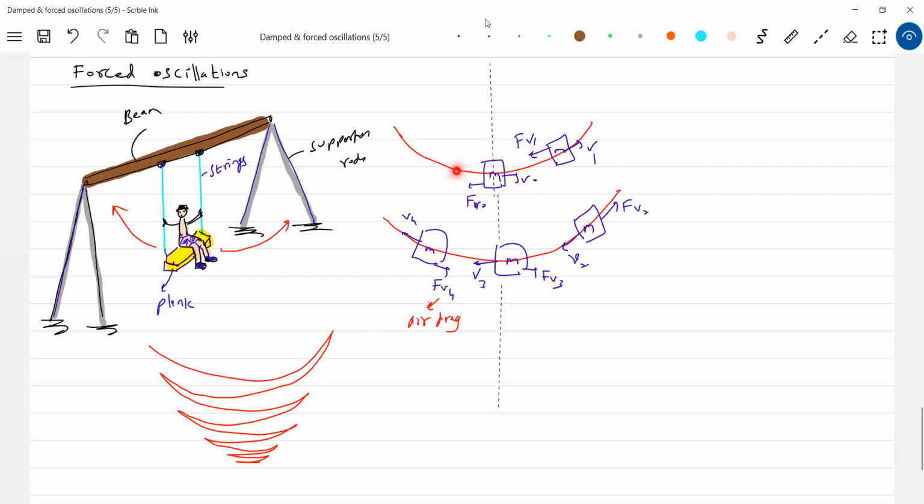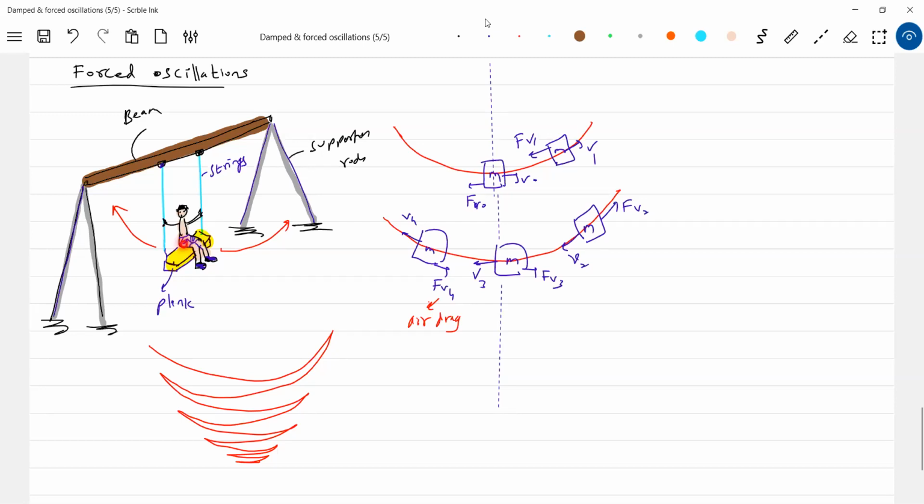Now, if you push more, such that the energy supplied is greater than that dissipated, what will happen? If you push more and more, the swing may go up till here, and the kid may fall. That's also very problematic. Okay, don't keep a kid and experiment. You sit and experiment. You may fall but you can adjust, but the kid cannot adjust.